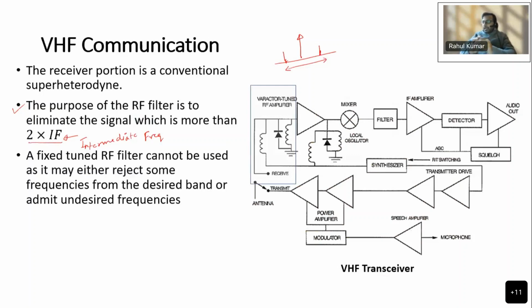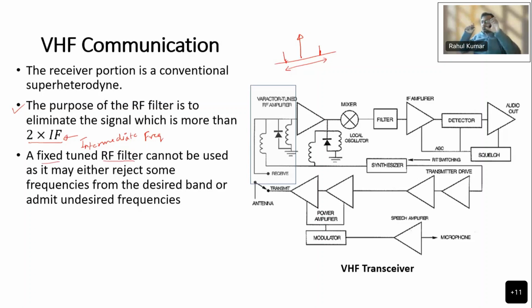A fixed tuned RF filter cannot be used as it may either reject some frequencies from the desired band or admit undesired frequencies, right? So generally we do not use a fixed RF filter.